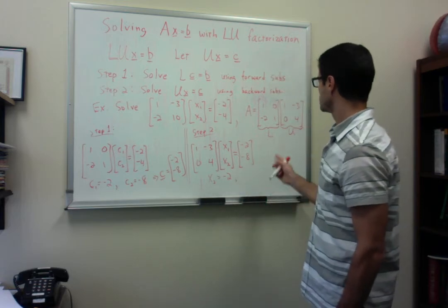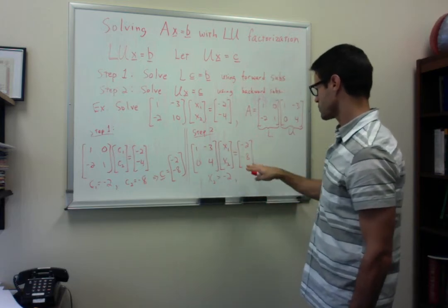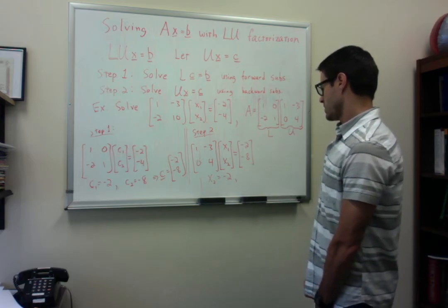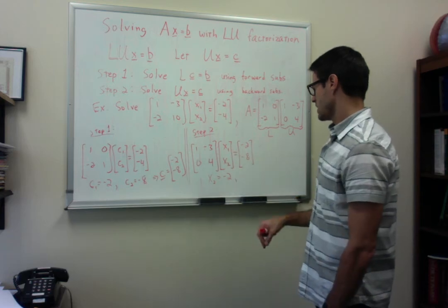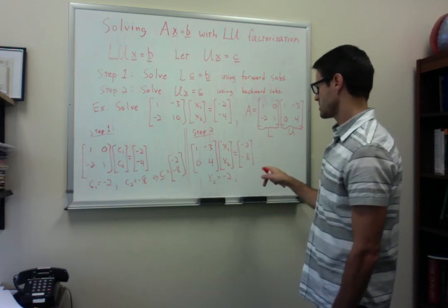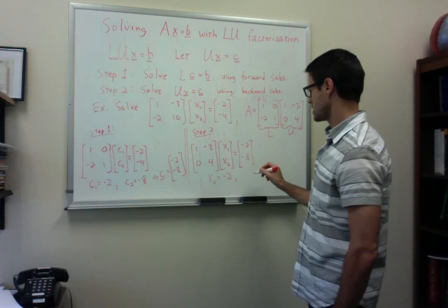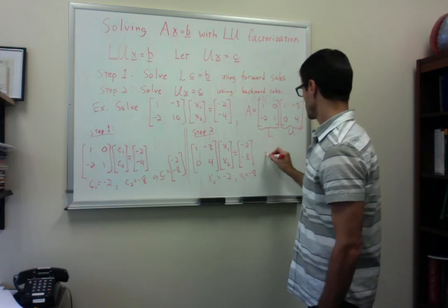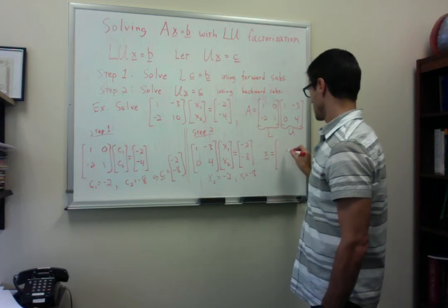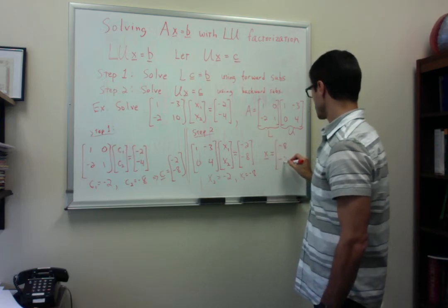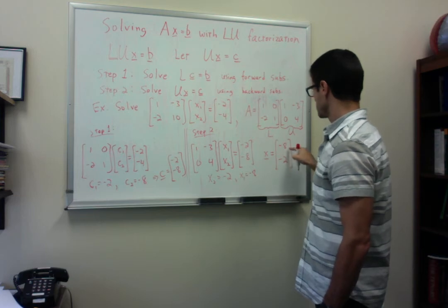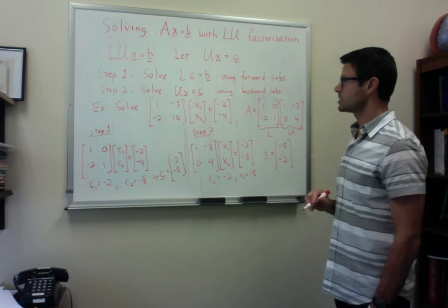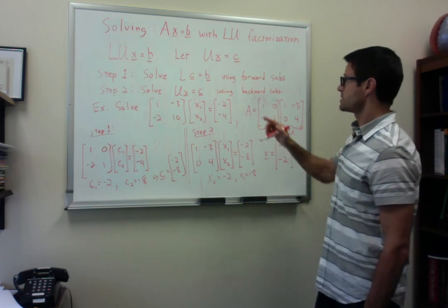And if I do this backward substitution and look at the first row, if I plug in x2, I get 6 on the left. I subtract 6 from both sides. It looks like x1 is going to be minus 8. So our solution x is equal to minus 8, minus 2. The fact that these are just the entries of C switched is just a coincidence. But this is the solution to our system AX equals B.